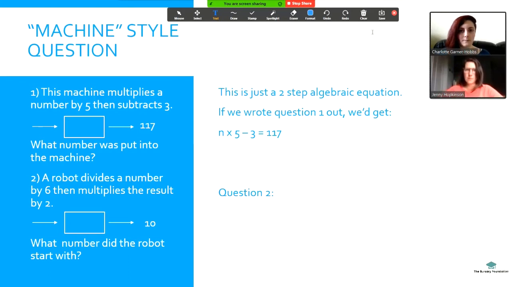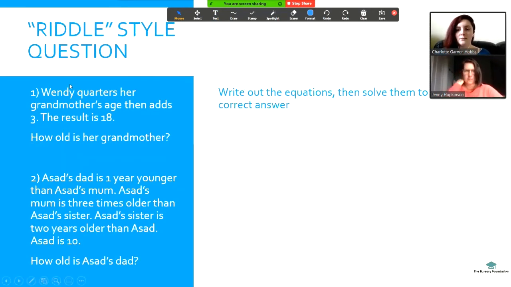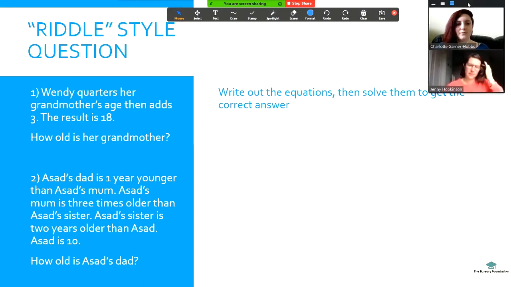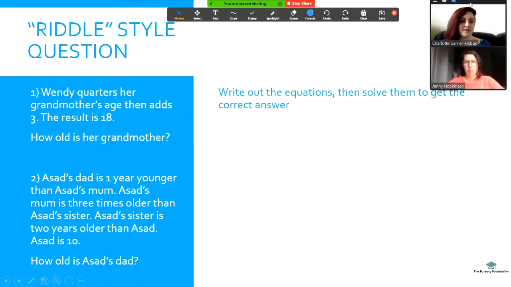The second question type we've got then is what I call the riddle style questions. This is where a kid for some reason has decided to work out the ages of their family by doing a bunch of weird sums rather than just asking their family how old they are.